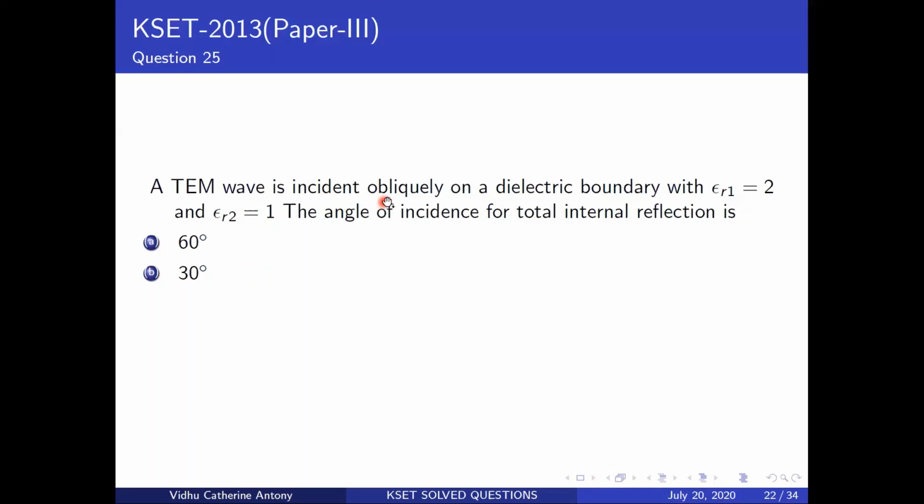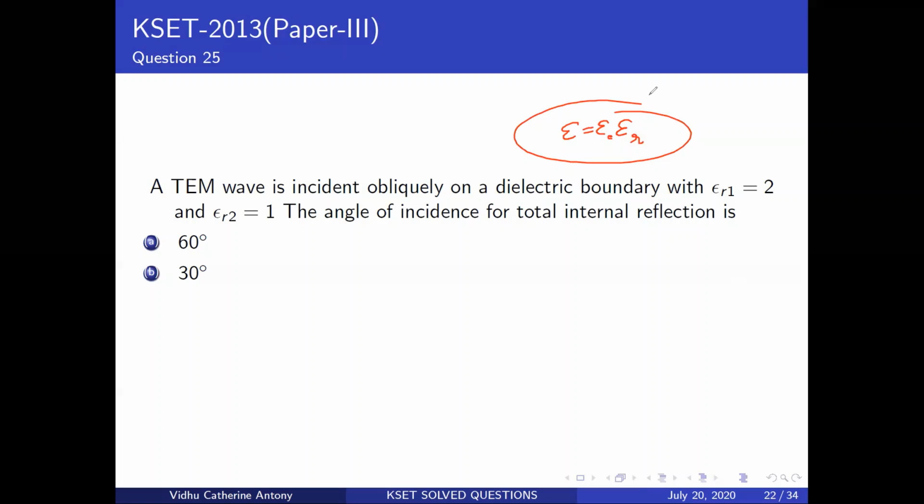A TEM wave is incident obliquely on a dielectric boundary with epsilon r1 equal to 2 and epsilon r2 equal to 1. You should realize that when you have an epsilon r, it's your relative permittivity. So you have epsilon equal to epsilon naught epsilon r, right?